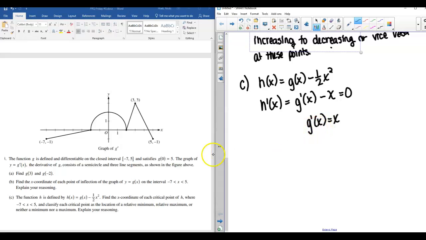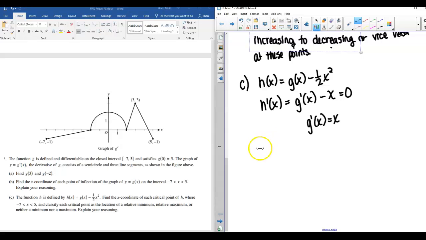So remember that g prime is the graph that we have here. We're looking for any points where g prime equals the x value. I can see one right away, which is right here at 3, 3, because my x coordinate and my g prime coordinate, which is my y coordinate, are equal to each other.